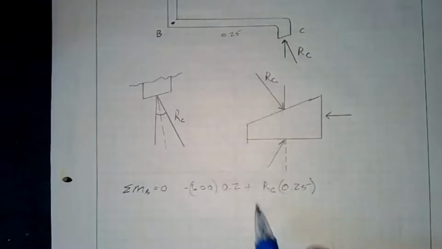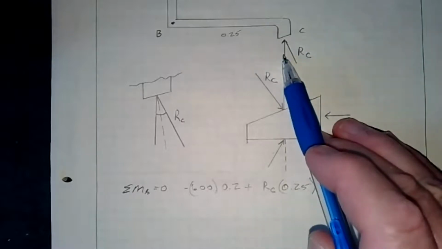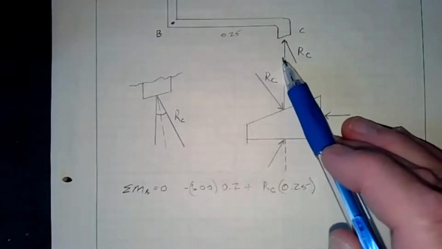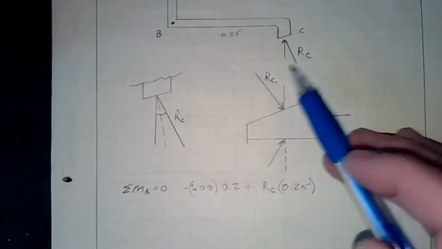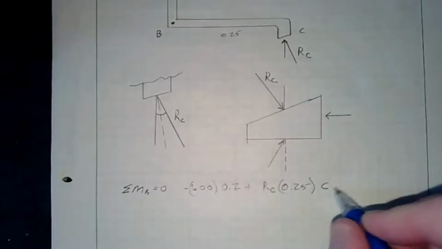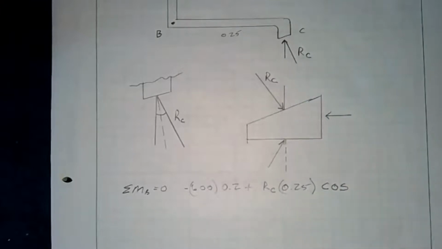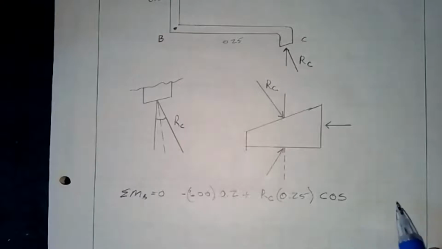Now, RC is not the vertical component. So we need to know that's the vertical component. So in order to know RC, we're only getting part of it. So cosine of what? Now we have to think of what is this angle.